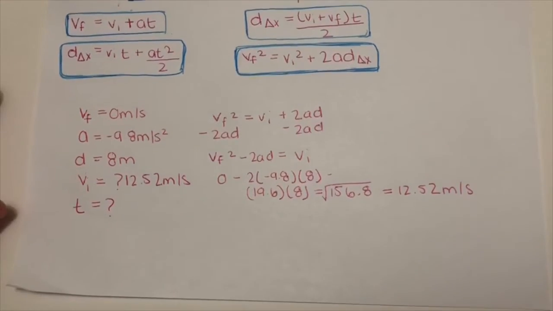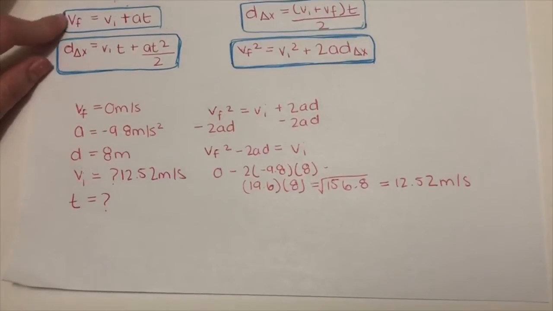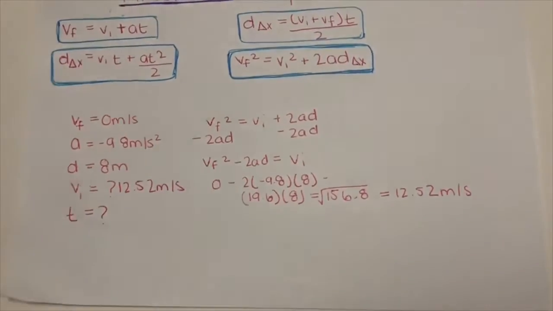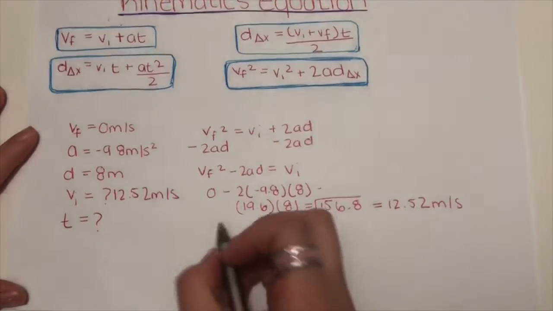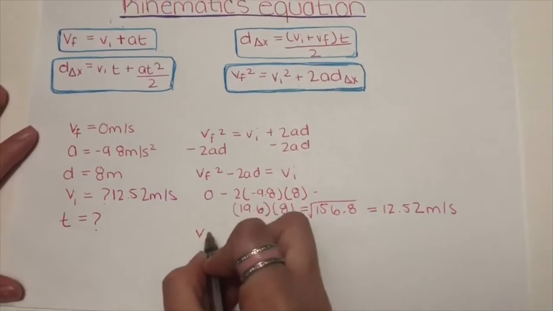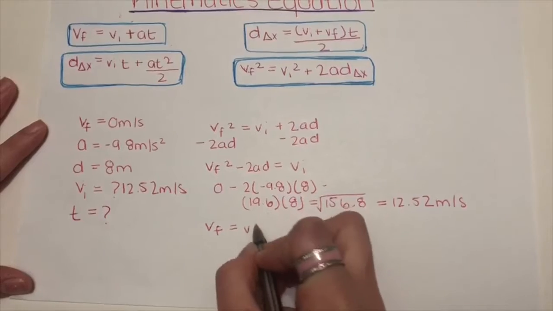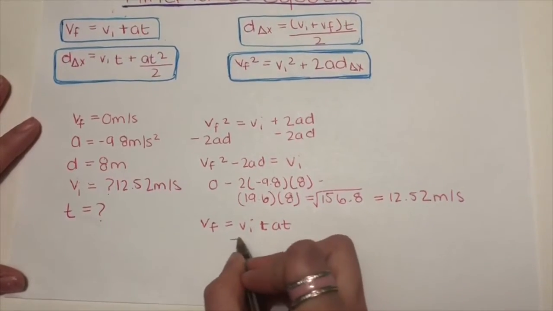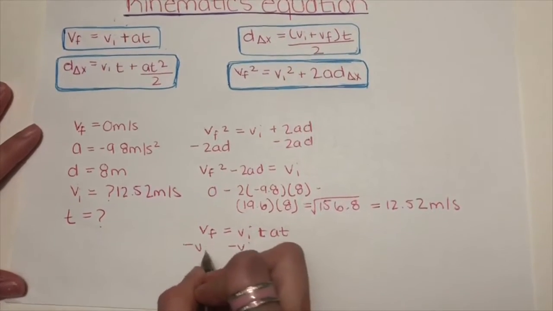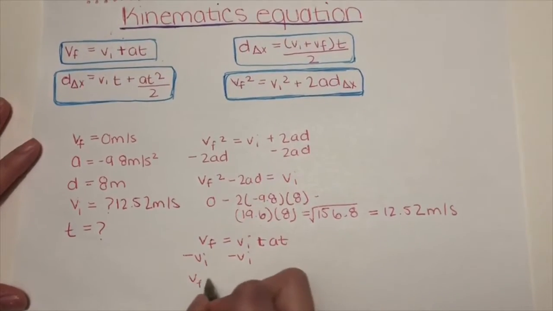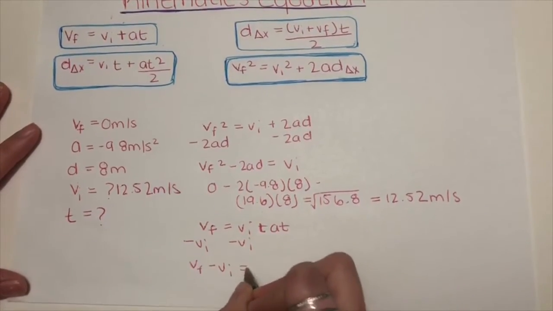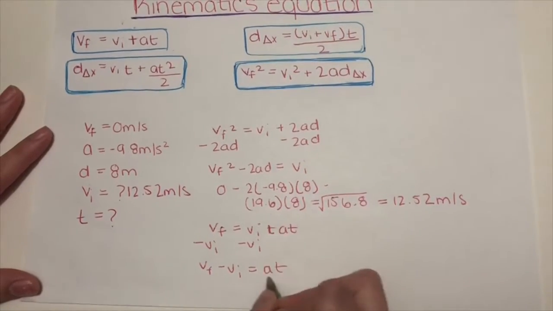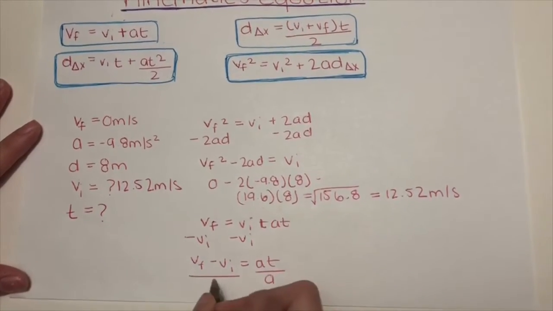In order to find time, you're gonna have to use this equation and manipulate it. You're gonna subtract the initial, so VF minus VI equals AT, divided by acceleration.